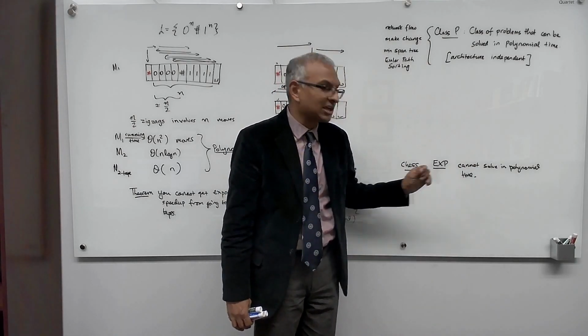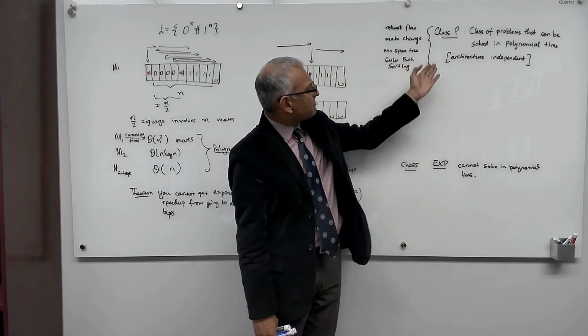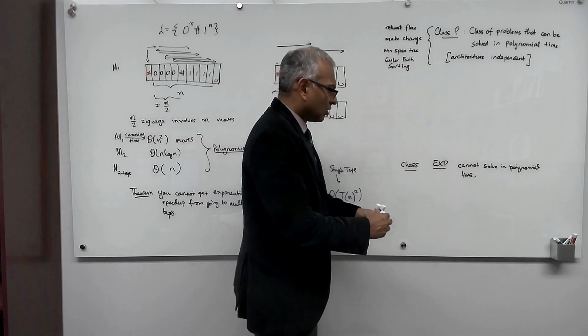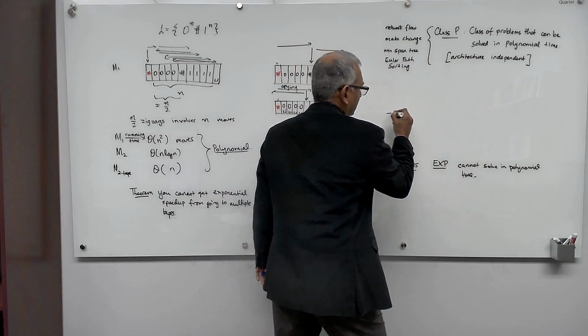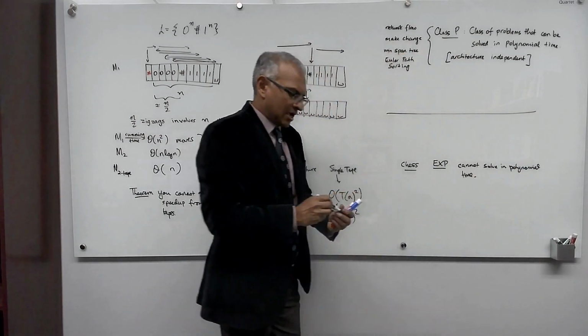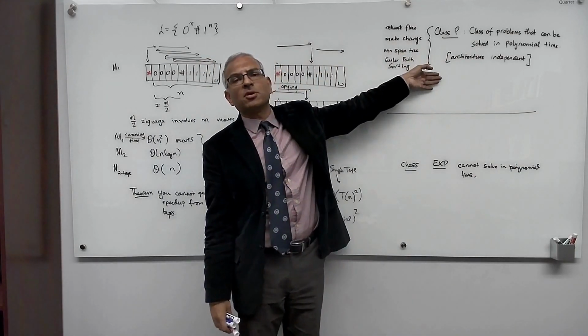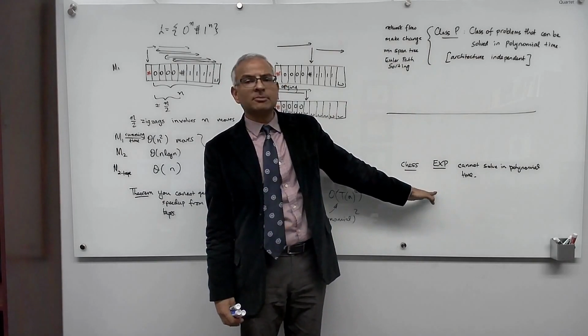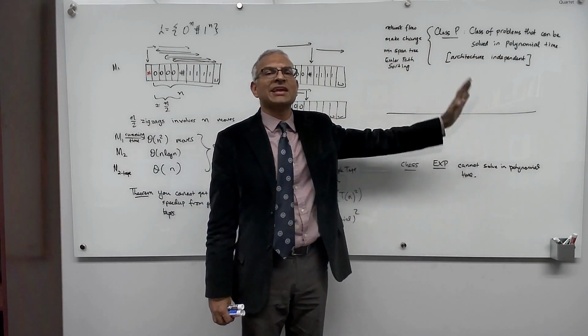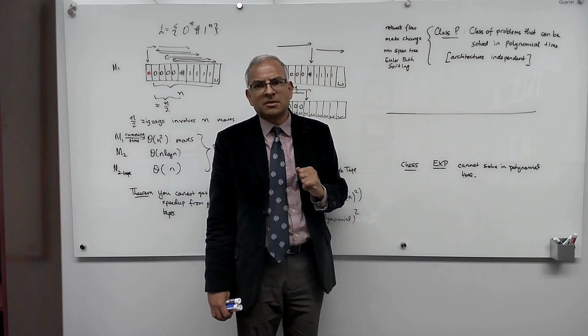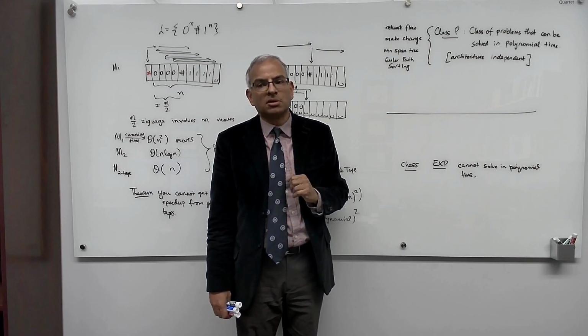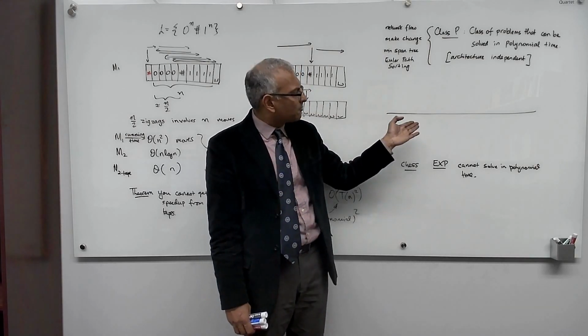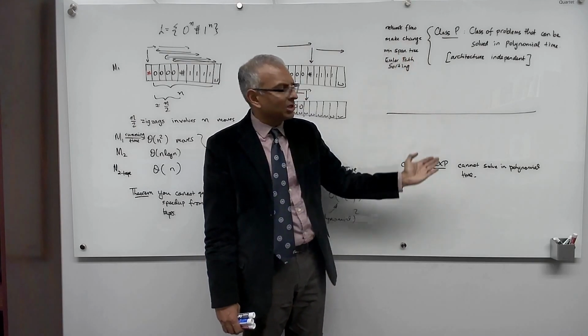Exponential time. Okay, so there's a boundary. Let's put this boundary here. And every problem is either solvable in polynomial time or not solvable in polynomial time, in which case it requires exponential time. But now here is the problem. In theory, every problem either belongs above the line or below the line.